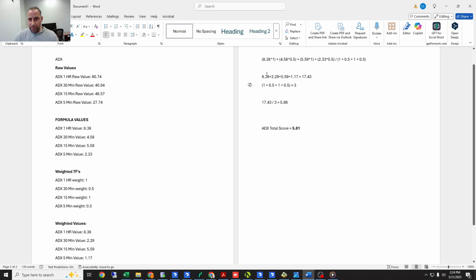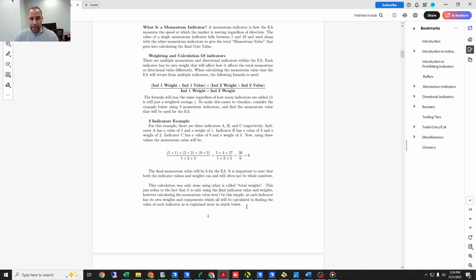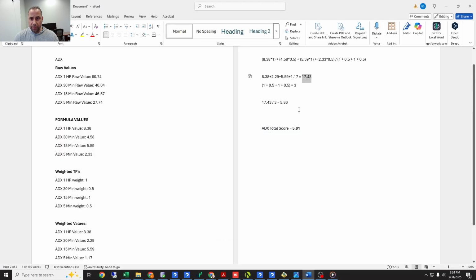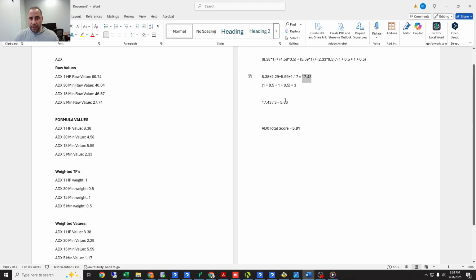So we have that final score of 17.43, which is going to be the top value of the equation over here. So the top is going to be 17.43, and the bottom is going to be divided by 3, which is the weights, and we get a total value of 5.81. Sorry, 5.81. It's changed. 5.81 is the total value for the ADX score out of 10.